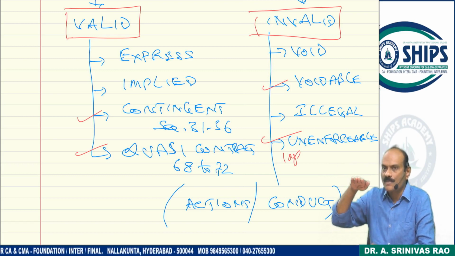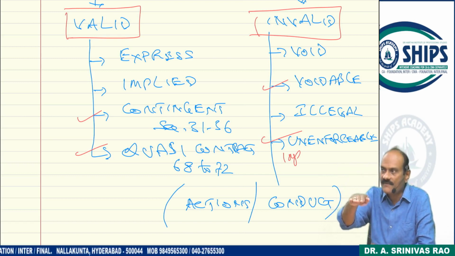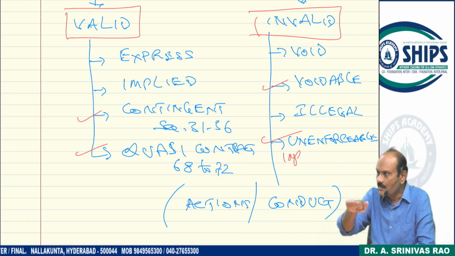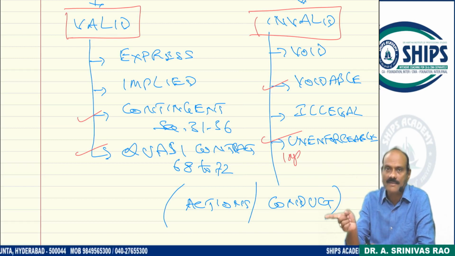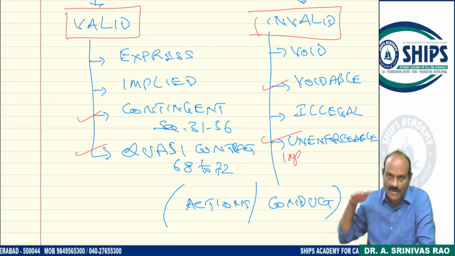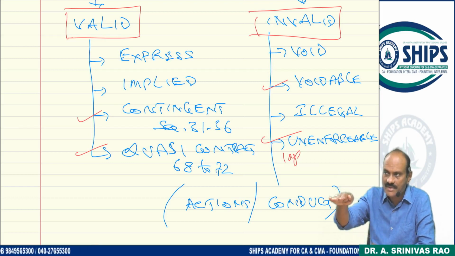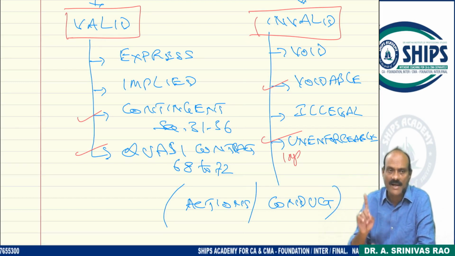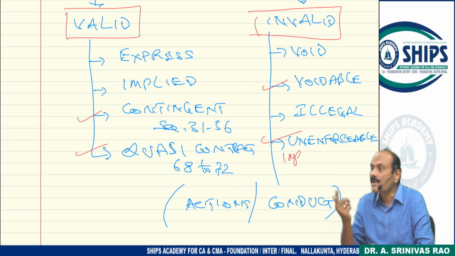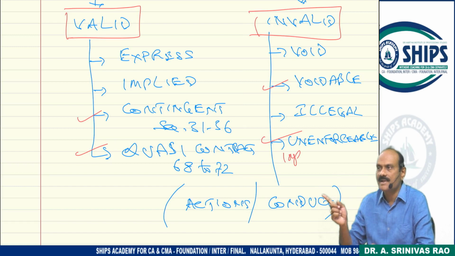The bus starts from one bus stop, moves to the next bus stop, waits there for a few seconds or minutes, moves to the next bus stop. Here, neither in writing nor in oral. Just one bus is moving from one station to another station, waiting there for some time, moving to the next place. Neither the driver nor the conductor is offering to the public. Implied. It means we will take the public from one place to another place.